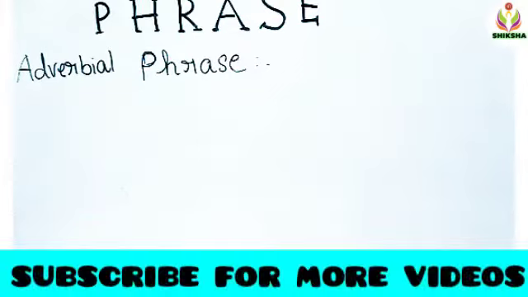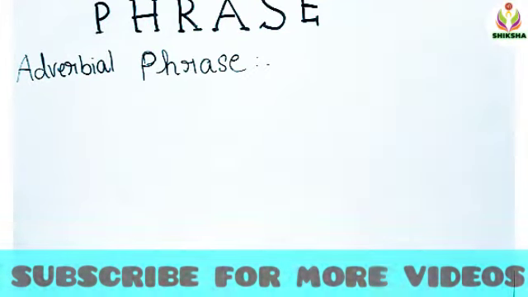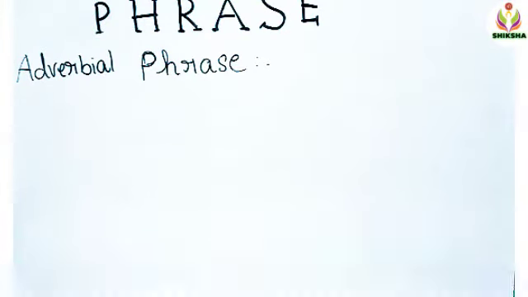So next is adverbial phrase. A phrase that acts like an adverb in a sentence is called an adverbial phrase. Like an adverb, it modifies a verb or the other adverbs in the sentence. So let's have a look at some examples of adverbial phrase.